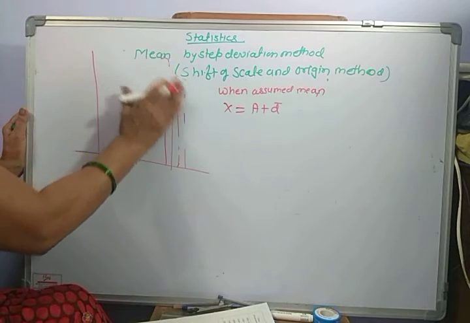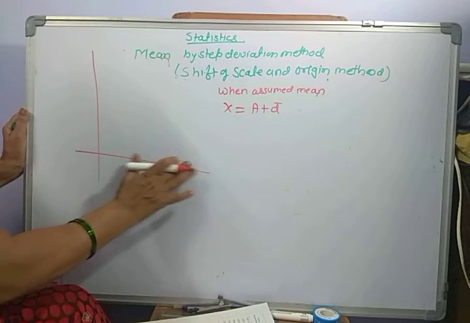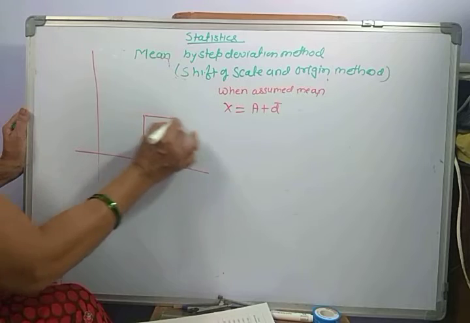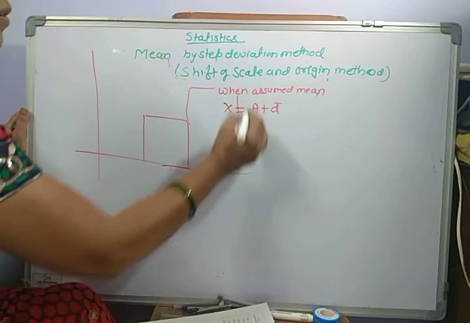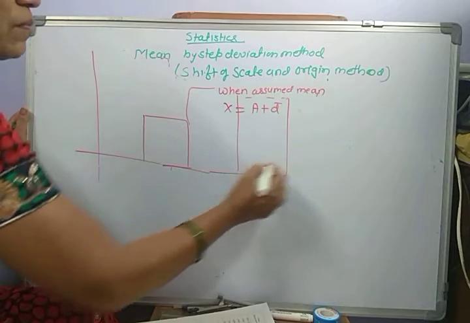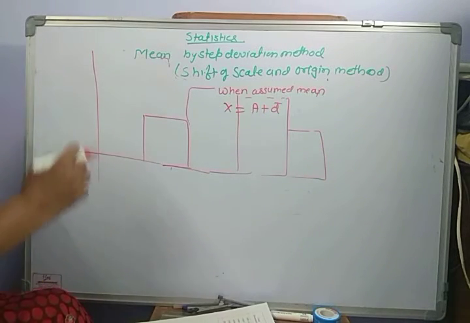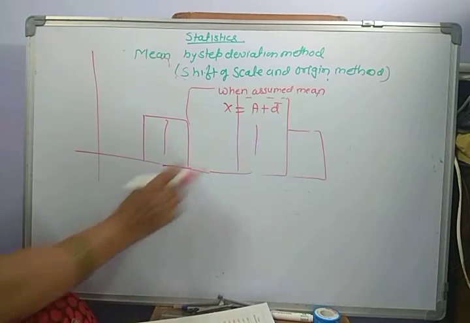Not only away, but bigger classes also. What do you mean by bigger classes? Their width is extended to a very large extent. Frequency remains the same. Now it is difficult to calculate the mean, or even assume the mean. In that case also a much larger deviation can be there.